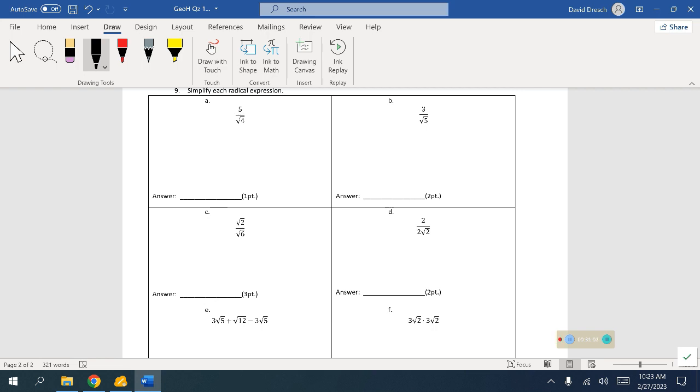So out front, 4 root 2. Underneath, 2 times 2, 2 times 2. Underneath, 4. Square root of 4 is perfect. Yep, 4 times 2 is 8.